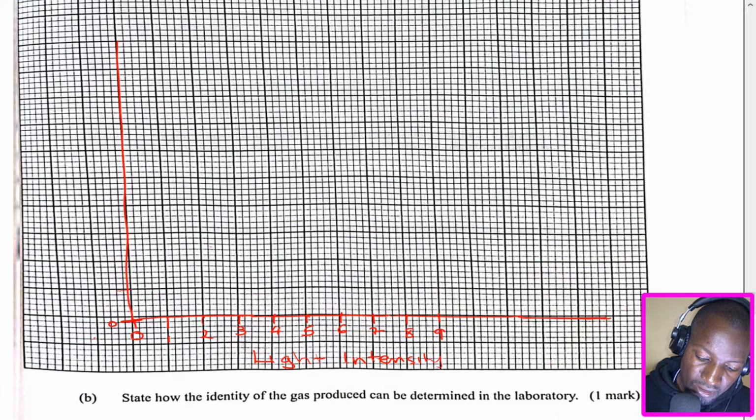Then we go with 5 units: 5, 10, 15, 20, 25, 30, and then 35.